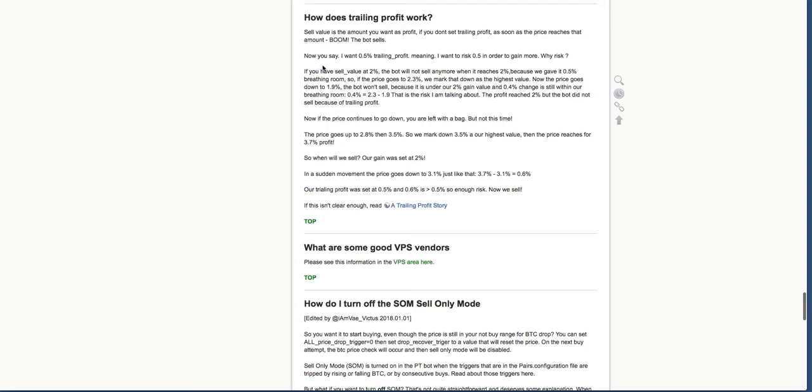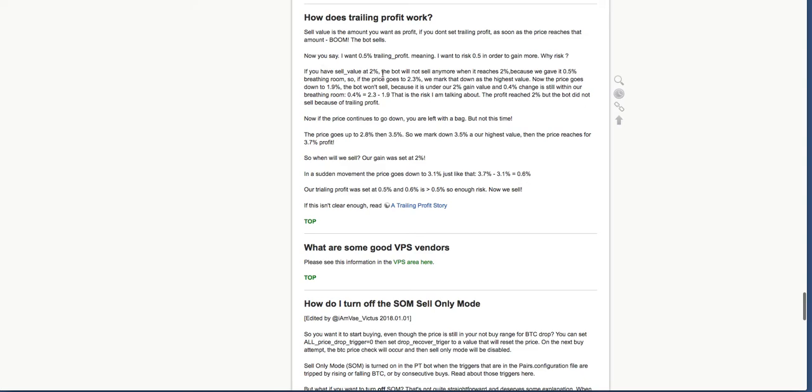So if the price goes to 2.3%, then what that does is the bot marks down the fact that it got to 2.3%, but it's not going to sell it even if it retraces down, because it has not gone that extra 0.5%.